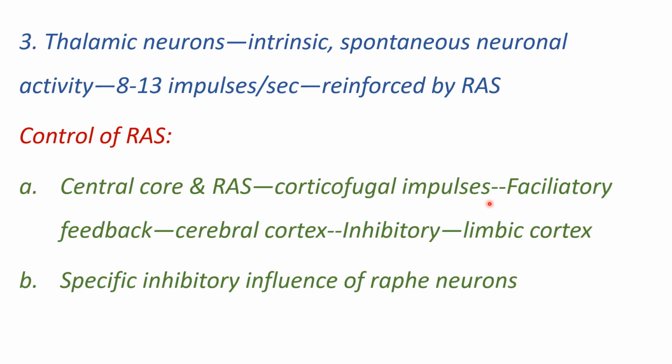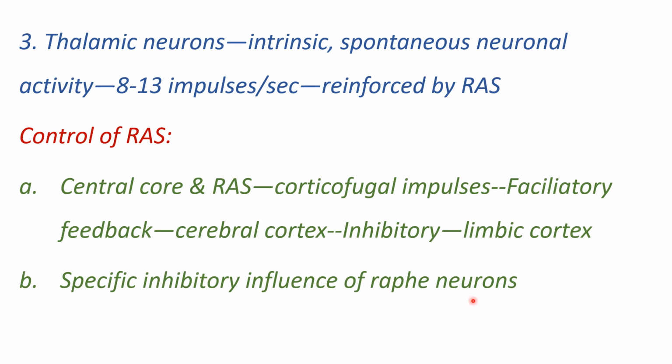They are being influenced from the ascending and descending tracts, mainly facilitatory from the cerebral cortex and inhibitory from the limbic cortex, and also the specific inhibitory impulses from the raphe neurons.